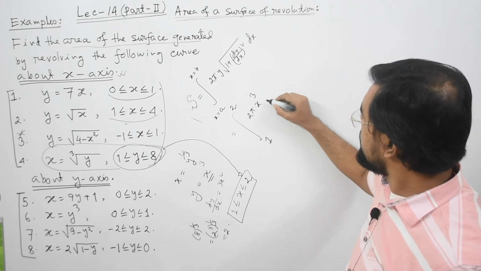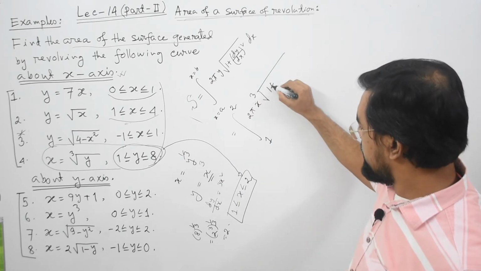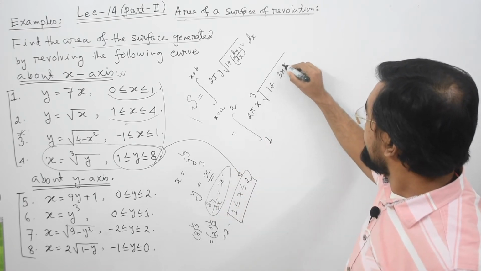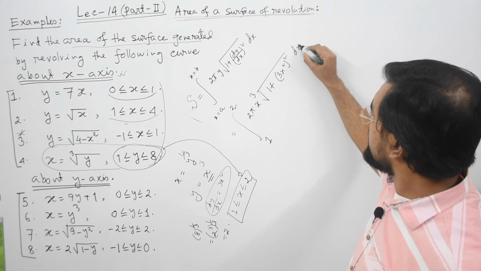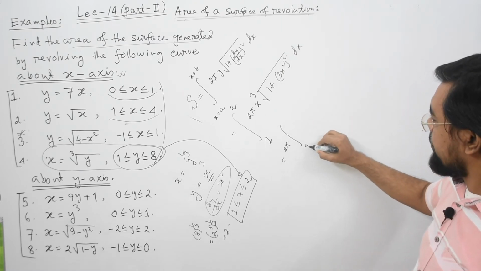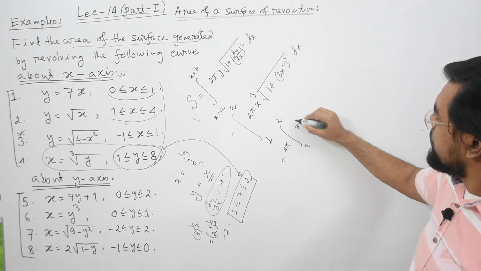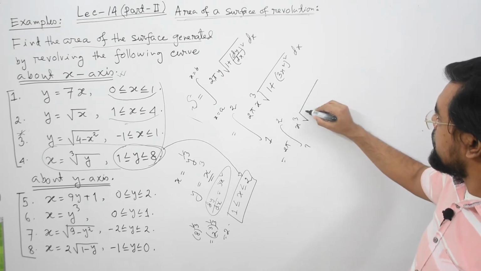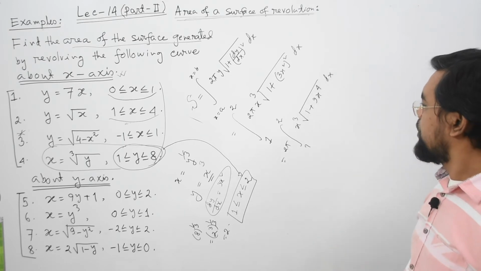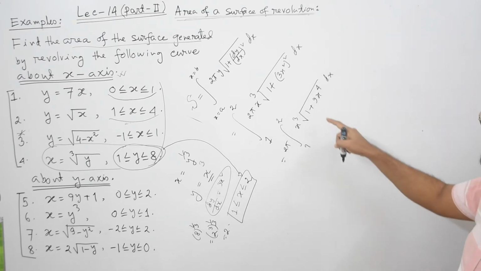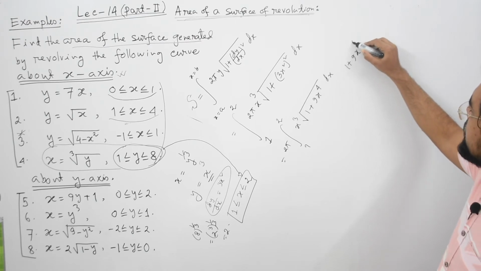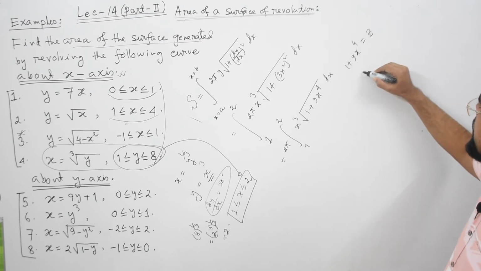So x cubed root of 1 plus dy/dx, 3x square, whole square dx, this equals pi integral from 1 to 2 of x cube square root of 1 plus 9x to the power 4 dx. Now let us do the substitution. 1 plus 9x to the power 4 equals z.